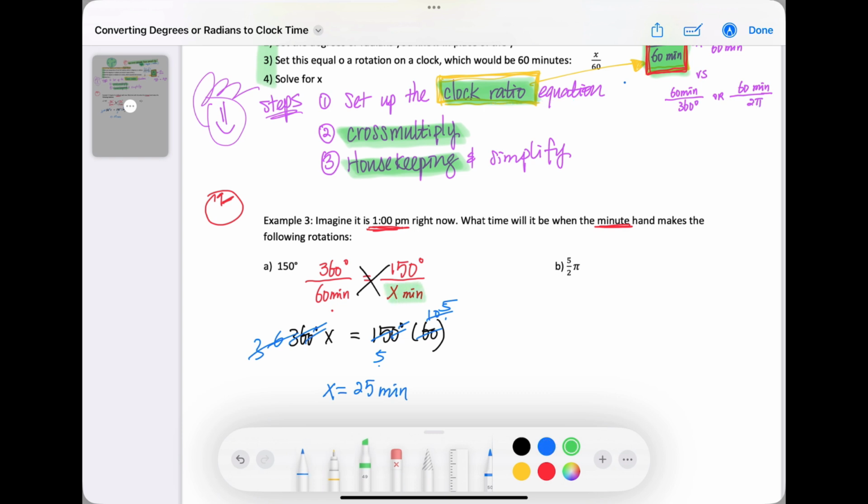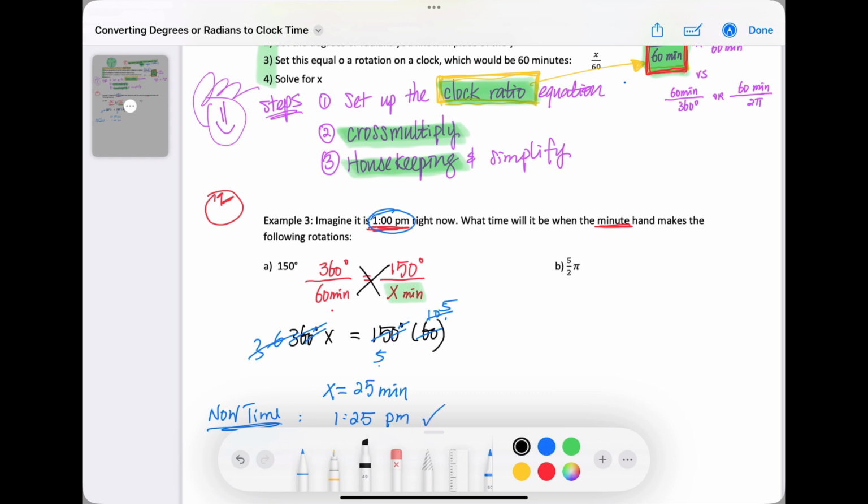Now, the location x is for minutes. So I know after 150 degrees, the clock goes around, and now I can answer the question. Starting from 1 p.m., after 25 minutes, the time is 1:25.